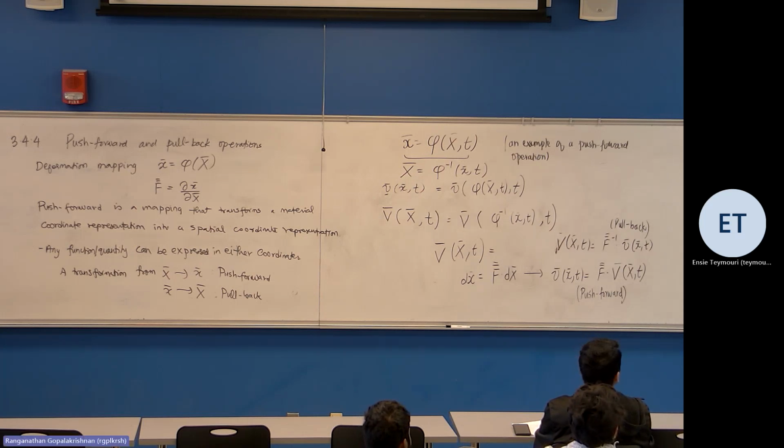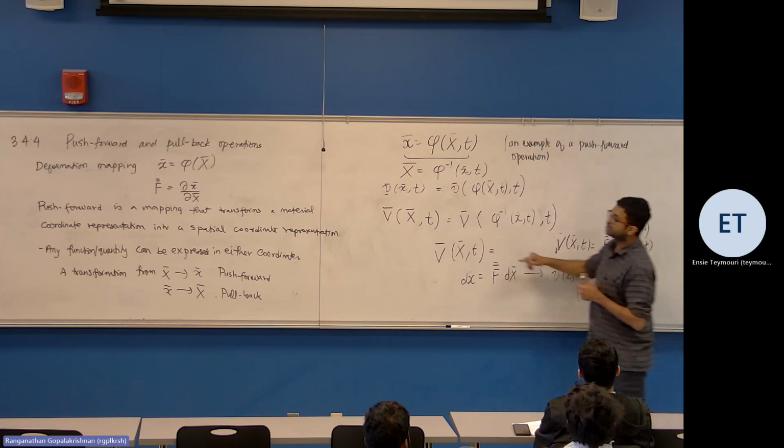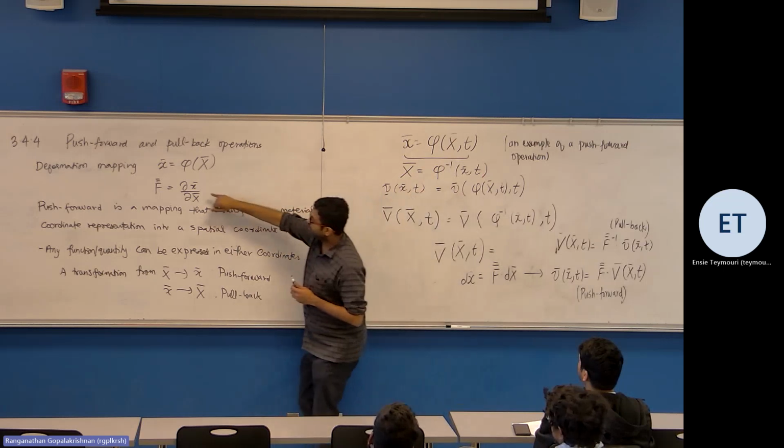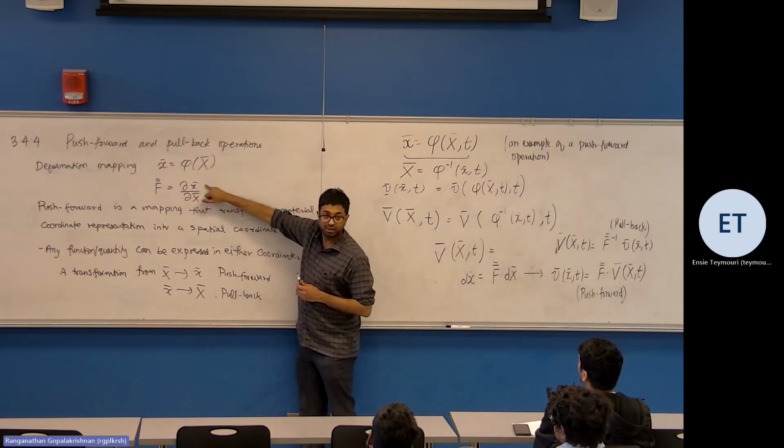You don't have to worry too much about how you will remember this. The important thing is for you to understand that the deformation gradient is a central concept which relates every other higher level of understanding. If you start with the deformation gradient, it itself talks about change in length only with respect to the coordinates.